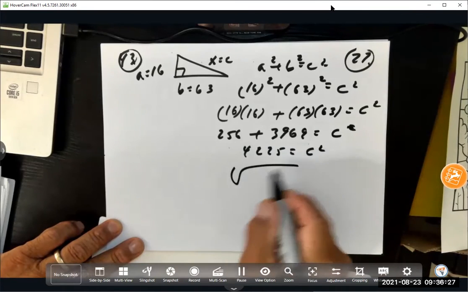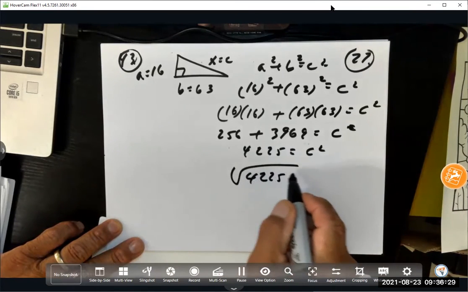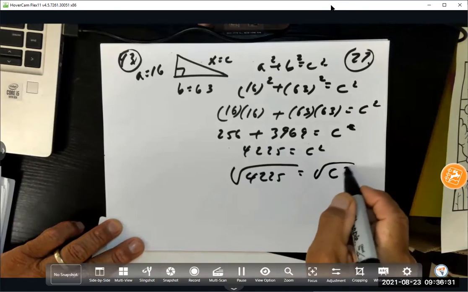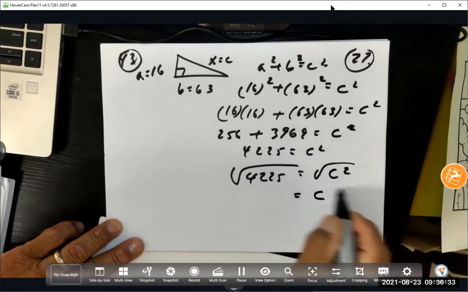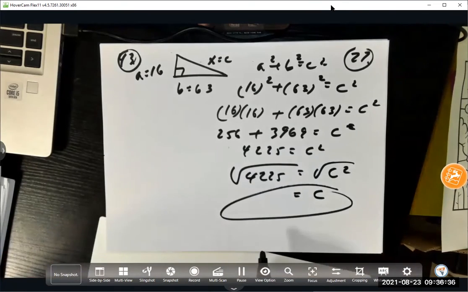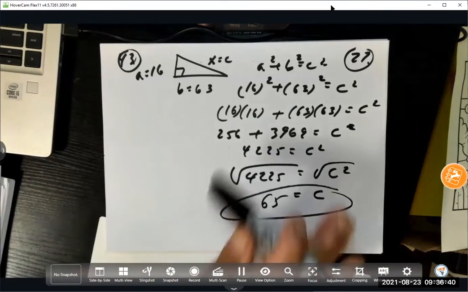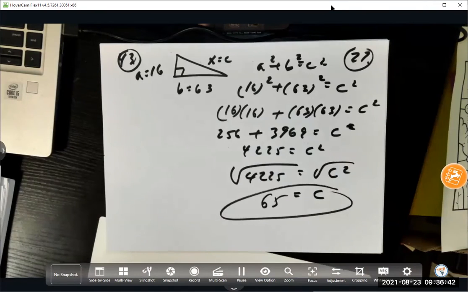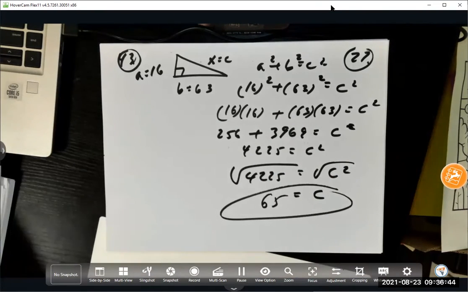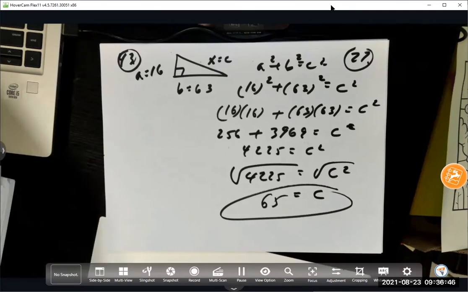And then the square root of this number, using your calculator skills, is exactly 65. This one you probably have to use a machine because the numbers are kind of big. Okay, that's fine.